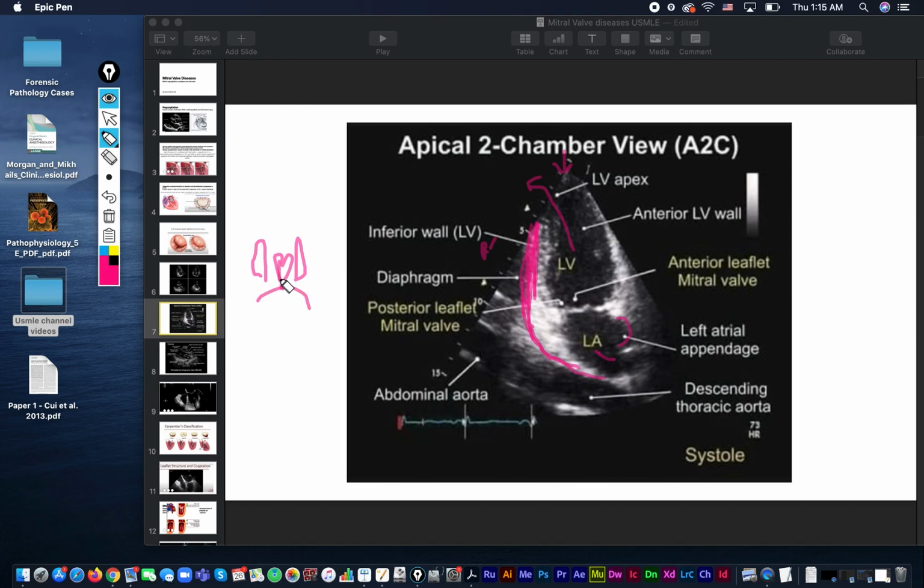So you can see that, and since this is an inaccurate, obviously very poor drawing, but since the left side of the heart is anterior, that makes sense why this left ventricular posterior wall is lined up with the diaphragm, because it's more like this.